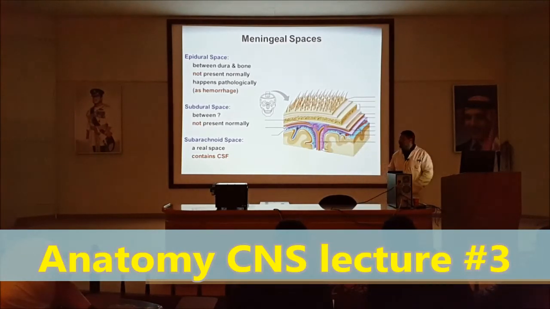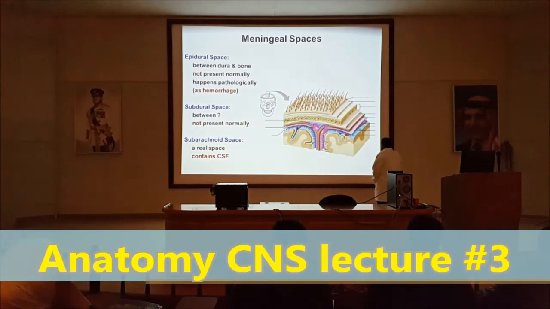So epidural space could be between the dura and the bone, or between the periosteal layer and the bone, or between the meningeal and periosteal layer. This epidural space is not present normally. When it happens pathologically, when we have a hemorrhage, what's there in the epidural space or within the dura?